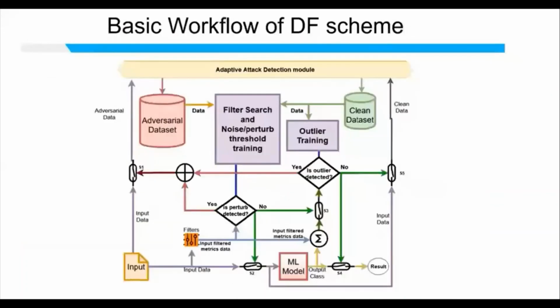So this is the basic workflow of our dual filtering scheme, where the ML model gets the input data and trains the outlier detector, and the more input data comes in, the more it trains. And we get an adaptive attack detection module, which will detect whether the incoming inputs are very similar or not, because that is a sign of a query-based adaptive attack.